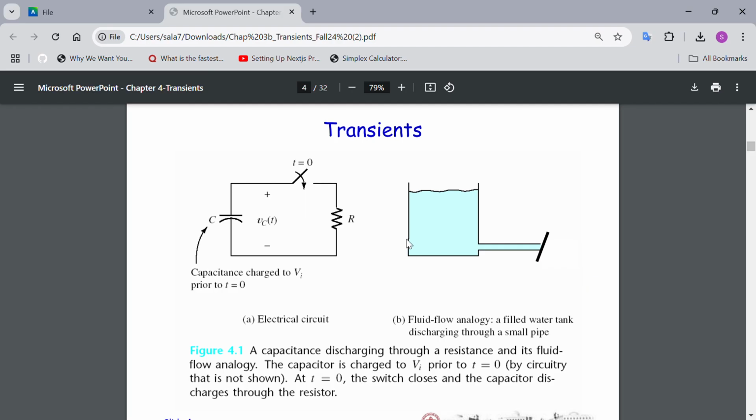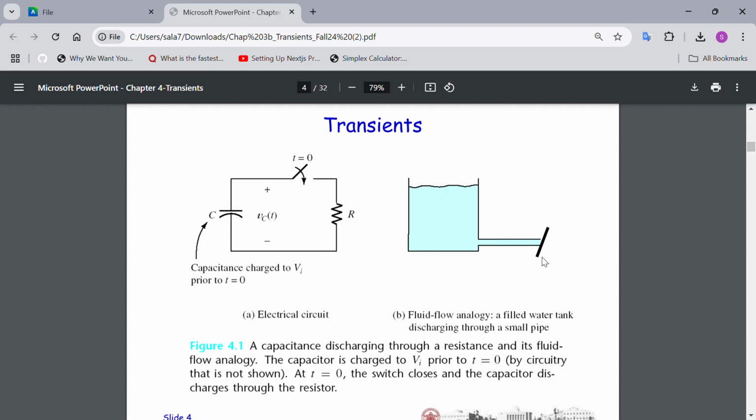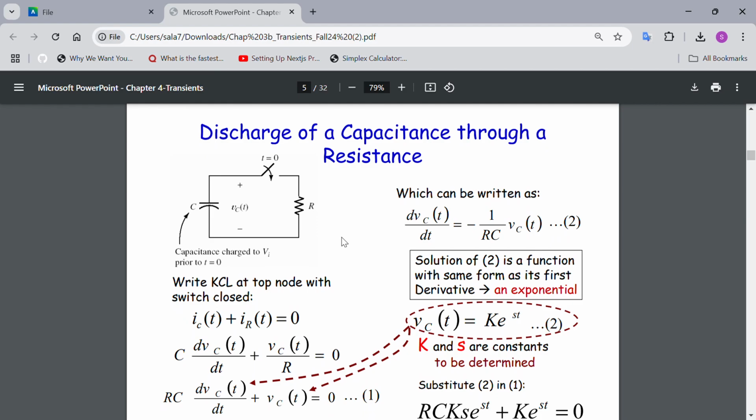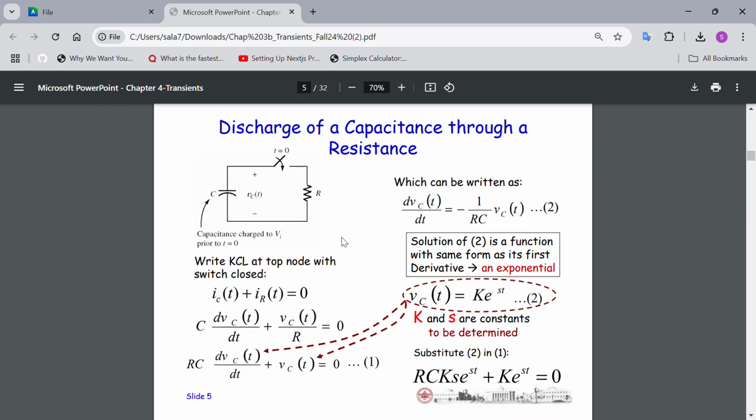A full tank is compared to having a charged capacitor, and opening the gate for the water to flow is compared to closing the switch for the current to flow through the resistance. So this is the discharge of a capacitance through a resistance.